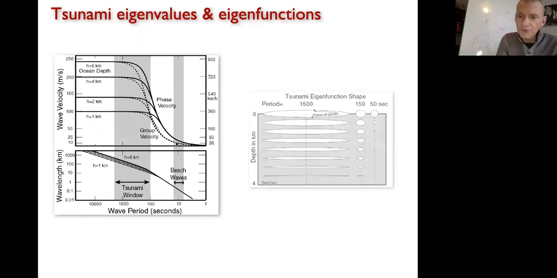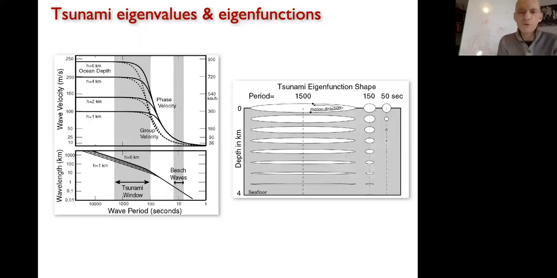And if you give a look to the eigenfunctions, and if you travel from long period, the tsunami window, so please remember 1,000 seconds, 100 kilometers, and a typical velocity of 200 meters per second. Okay, if you go there, look at how the motion is done.